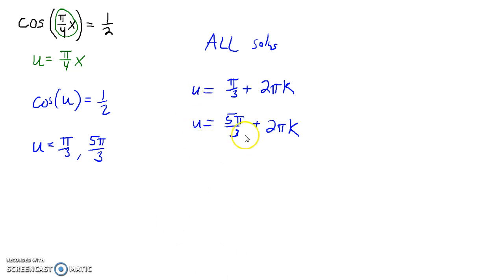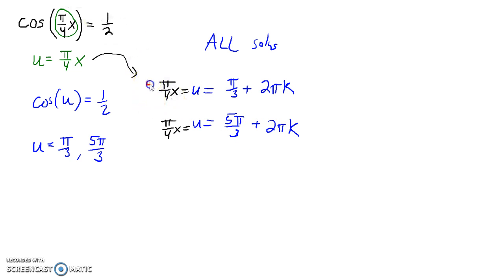Now remember though, we're not actually trying to solve for u, we're trying to solve for x. And so now that we have all of our solutions for u, we can go back and undo our substitution. We can remember that pi over 4x is equal to u, and now we can solve this equation for x. So how would I solve this for x?